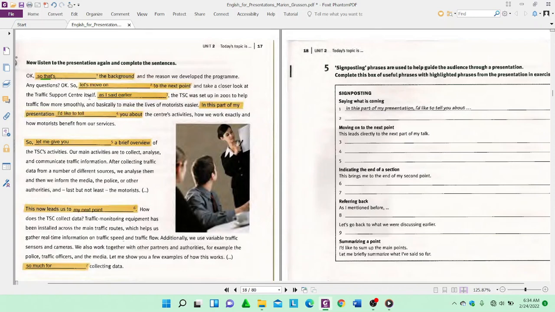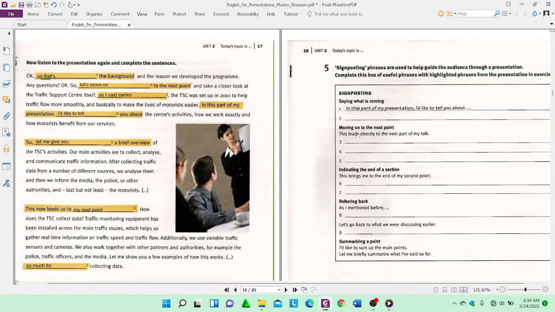If your presentation is about, for example, maintaining your body weight, you change it to: let's move on to the next point and take a closer look at maintaining your body weight.